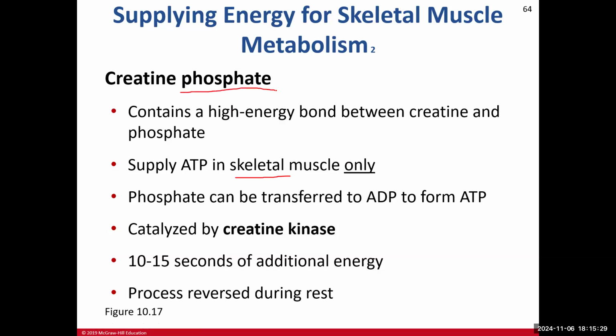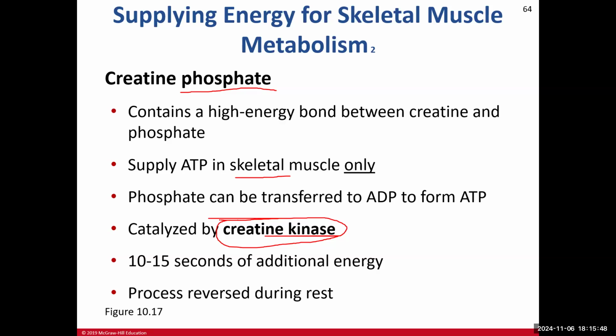So, of course, we're going to need an enzyme of some sort. We'll make it real easy and name it after what we're dealing with here. We have another enzyme with the kinase, so we're going to call that creatine kinase. Again, that kinase enzyme is going to plop a phosphate molecule onto another molecule.